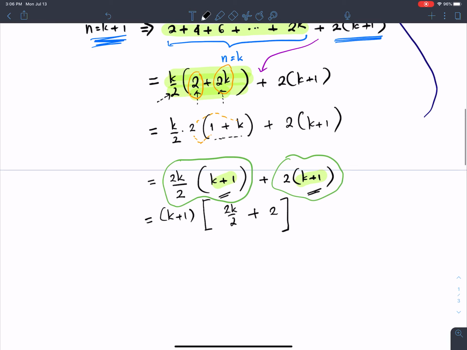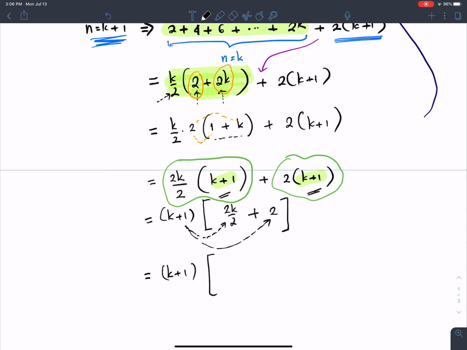Because if you multiply back again to inside here, that will be the same with the previous lines. Okay, now I'm trying to manipulate this one. Next, I will put again k plus 1 bracket.